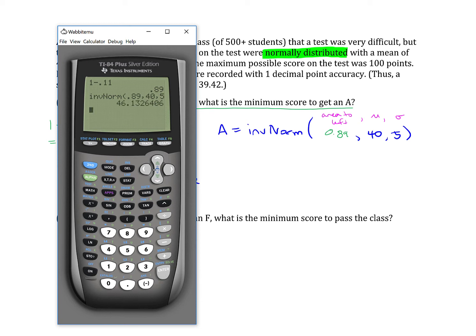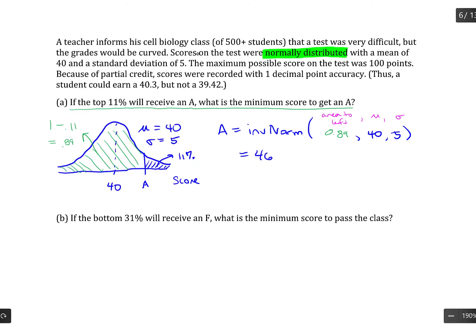And I come up with the minimum value to receive an A. So in this case, it's going to be 46.1. I'm just giving an extra decimal place because the problem indicated that a student could earn something to the first decimal, but not the second. So that's the way I did my rounding, but follow any rounding rule that is given in the problem.